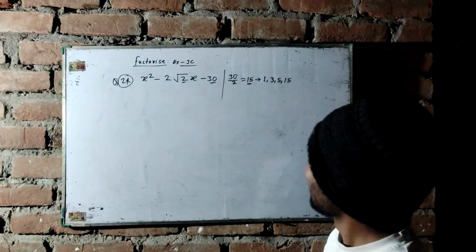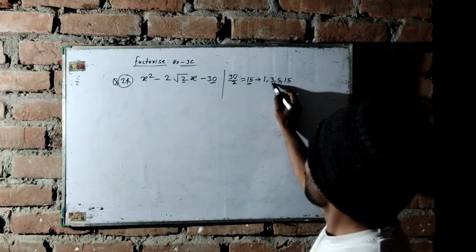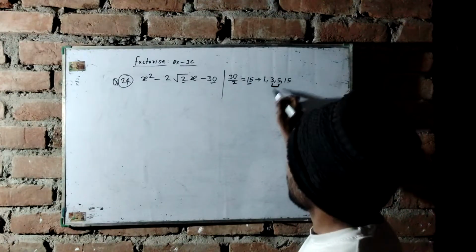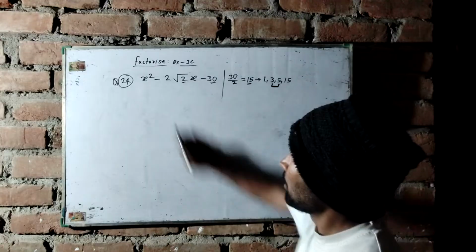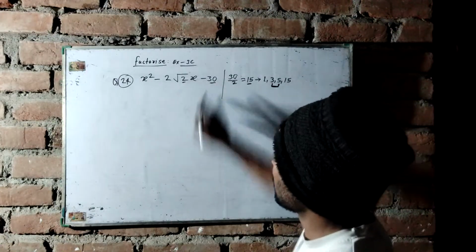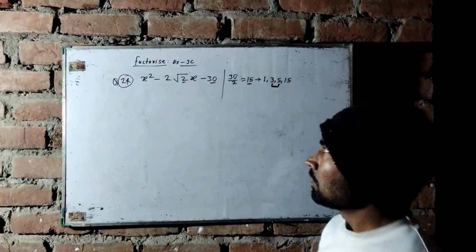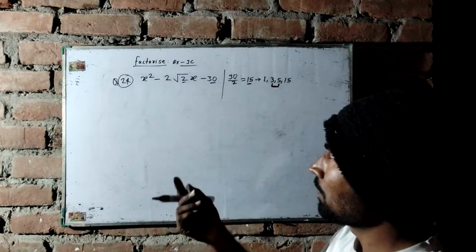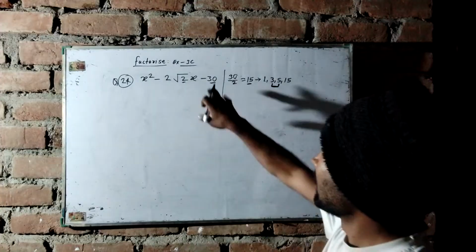So we consider these two numbers. Their difference or sum will be minus 2 and their product will be minus 30. As you know, the product of one positive number and one negative number will always be negative.